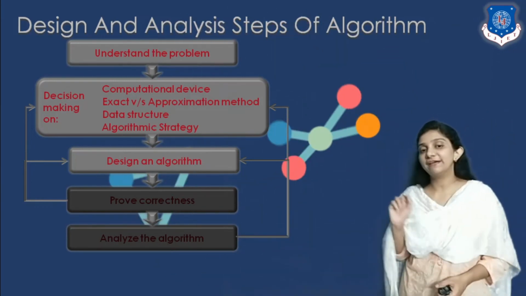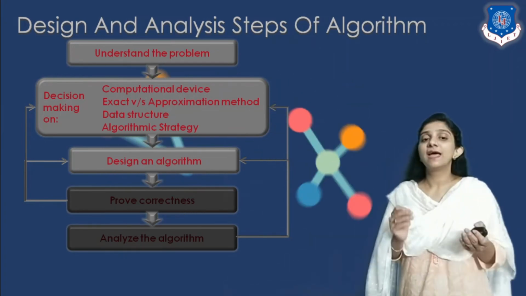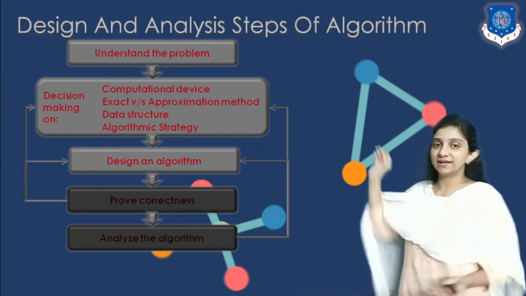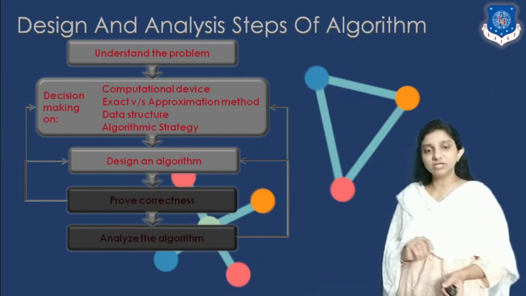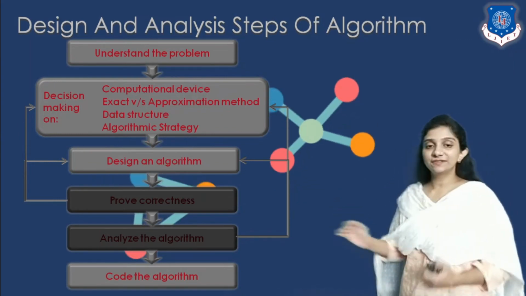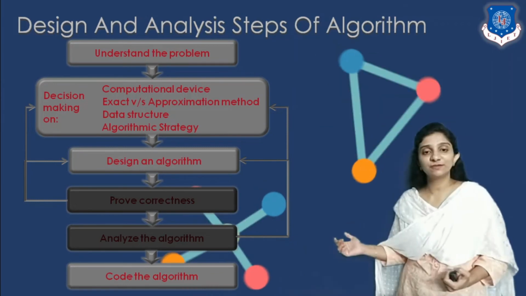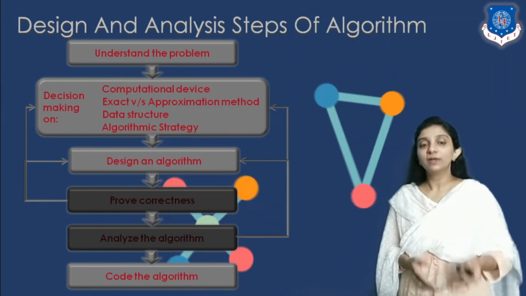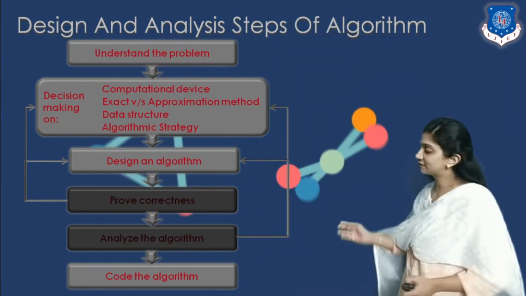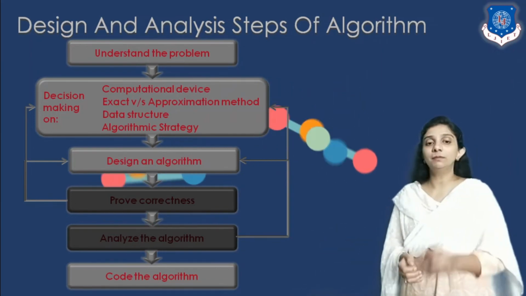Unless and until efficiency, that is time and space complexity, comes as per our expectation that is given in our original problem, we will not go to our next step. The next step is coding the algorithm. Once the algorithm is ready, its correctness is proved and its complexity has been analyzed, we just have to select a particular language and code that algorithm accordingly.